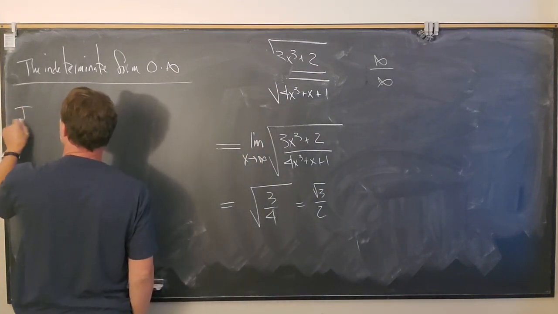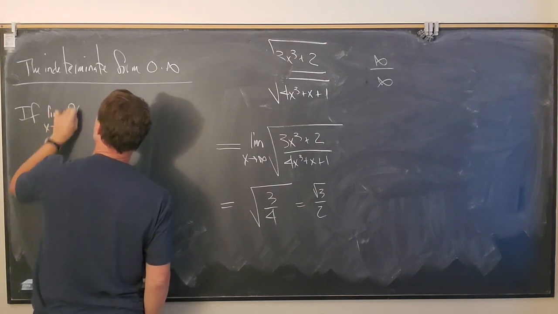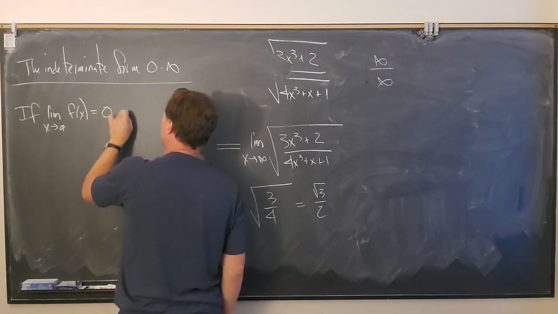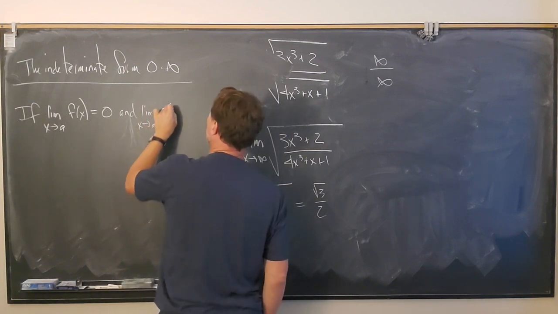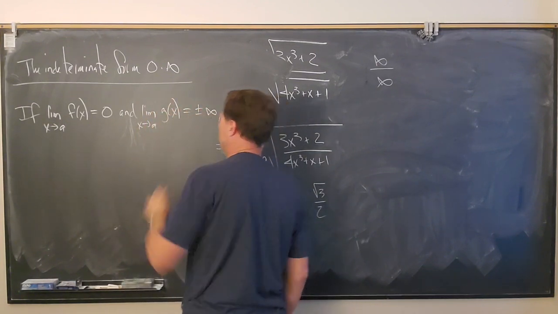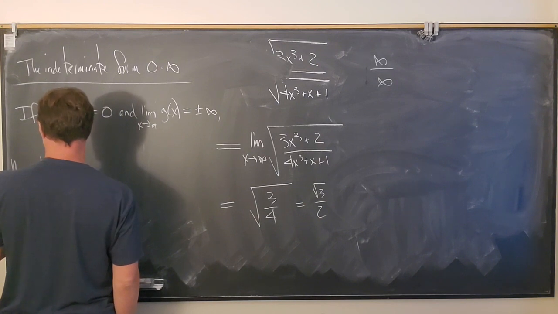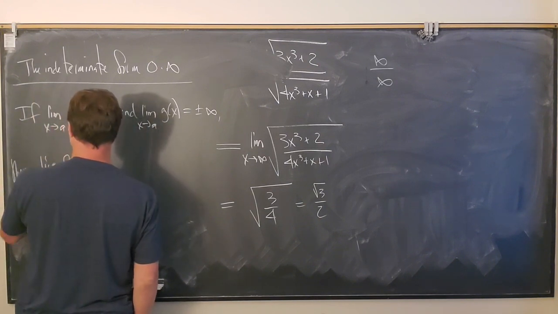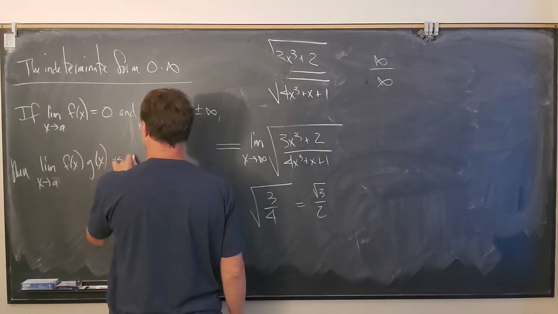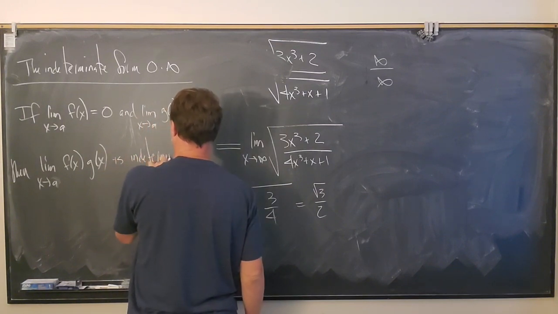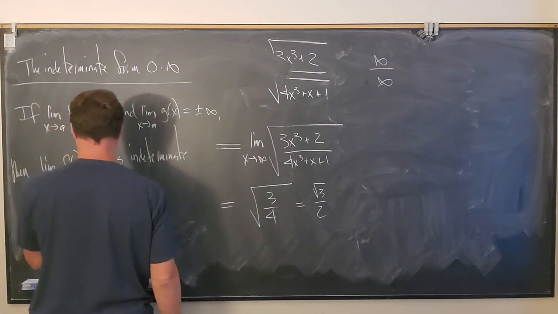How this goes: if the limit as x approaches a of f of x equals 0, and the limit as x approaches a of g of x equals plus or minus infinity, then the limit as x approaches a of f of x times g of x, so now we're looking at this product right here, is indeterminate of type 0 times infinity.